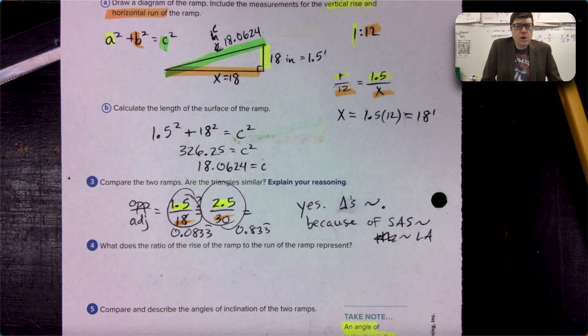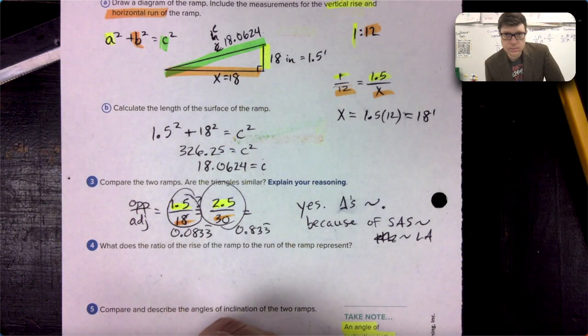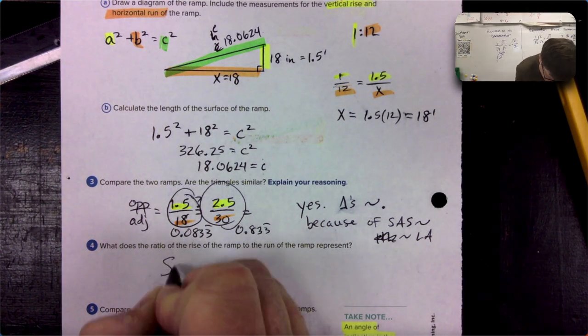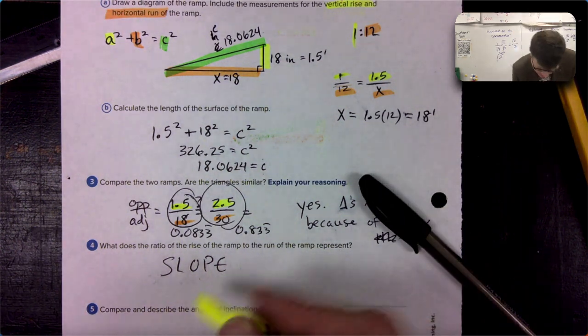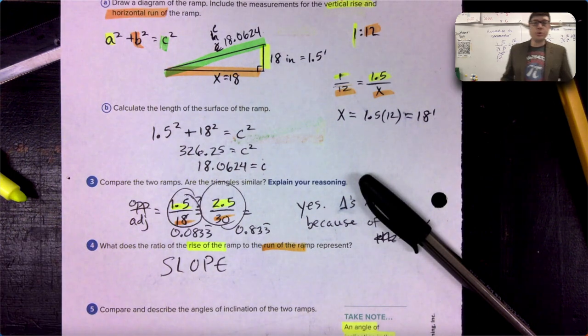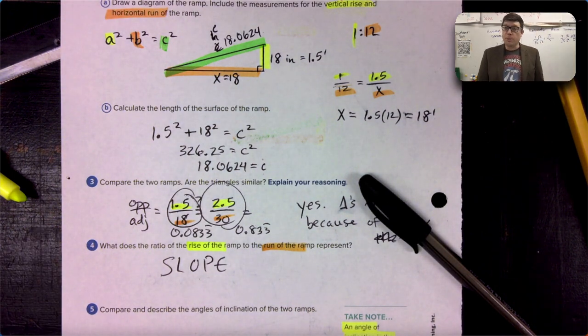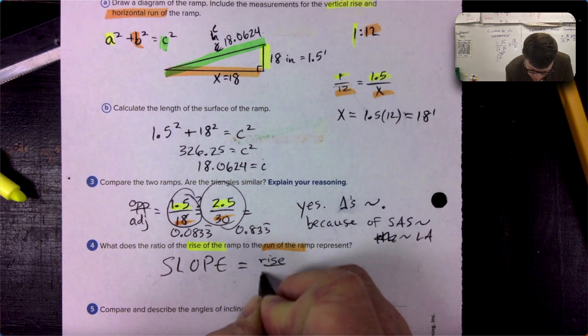What does the ratio of the rise of the ramp to the run of the ramp represent? Slope? Because rise and run are both words that we've used to describe slope in the past as well. Slope is rise over run.